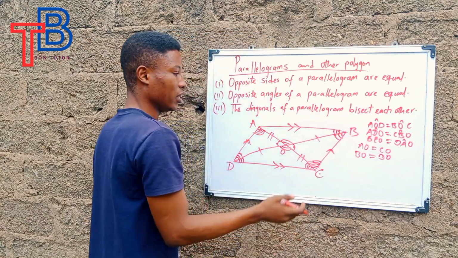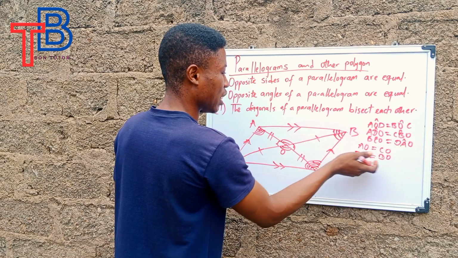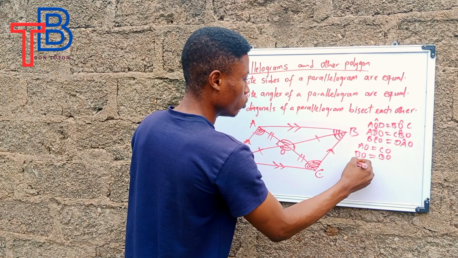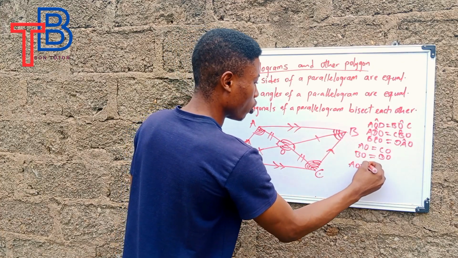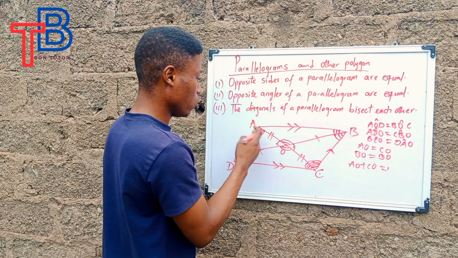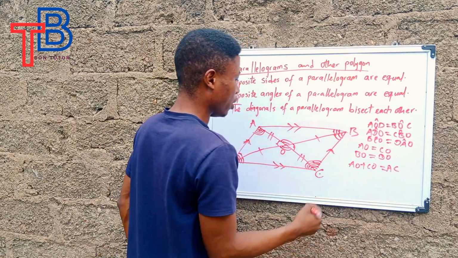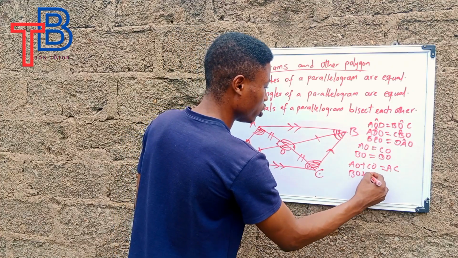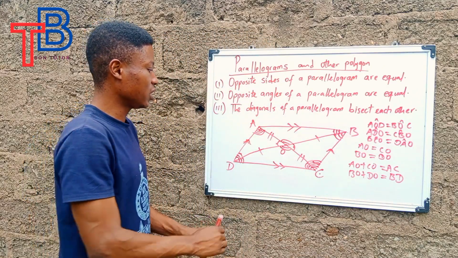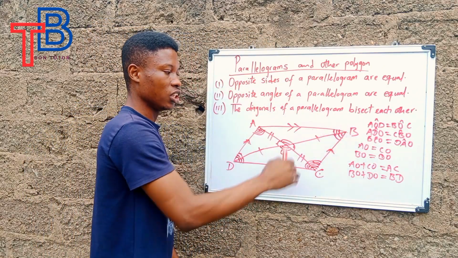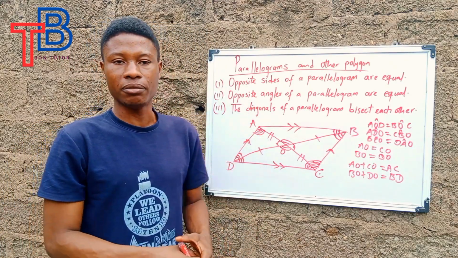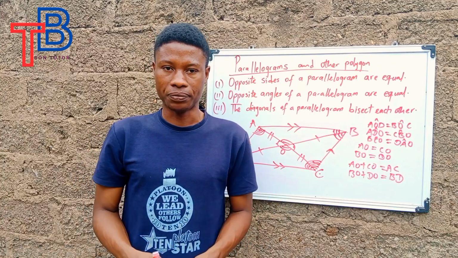If these two lines are equal to each other and these two lines are also equal to each other, it means your AO plus your CO will be equal to your AC, and also your BO plus your DO will be equal to your BD, which means these lines are just the bisection of these straight diagonals. And that brings us to the end of the three theorems that we have today.